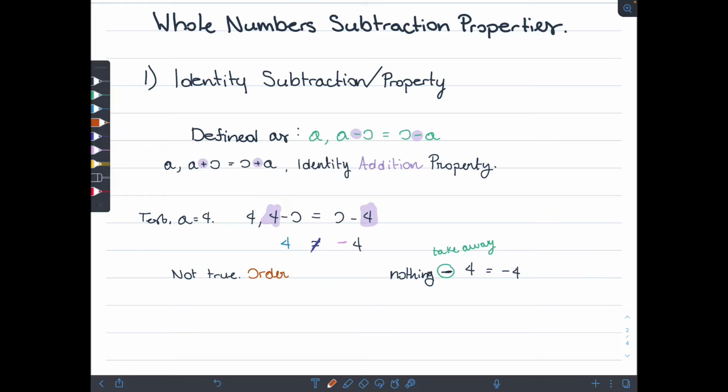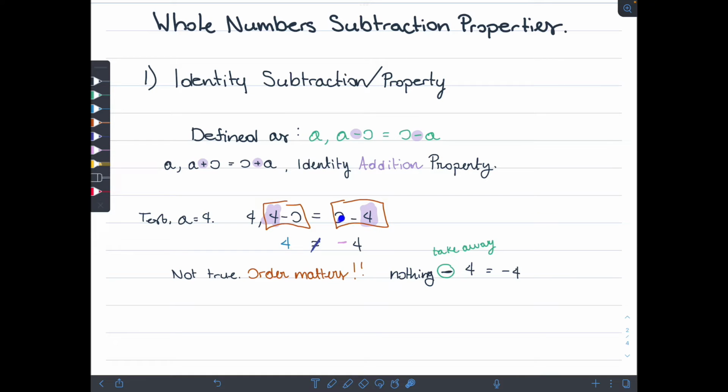Order matters. You're going to box that in to remember. And that's why this property is not true, because order matters.